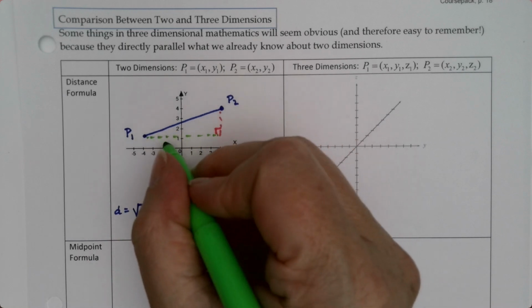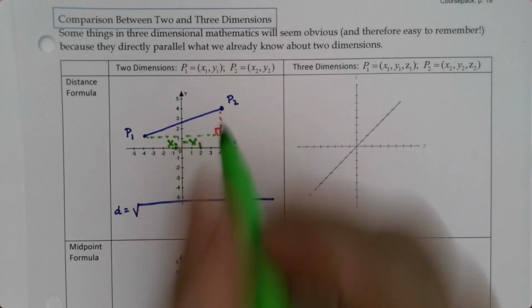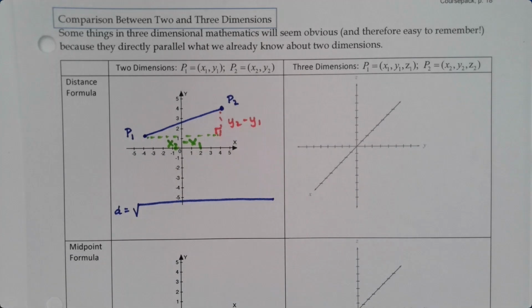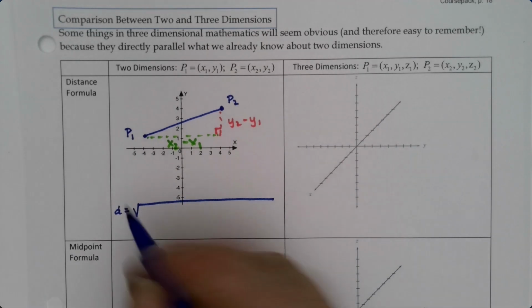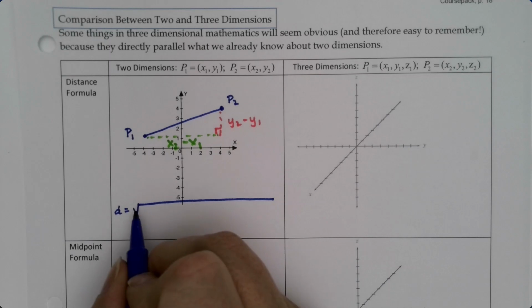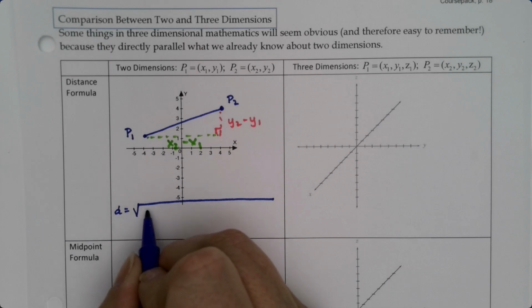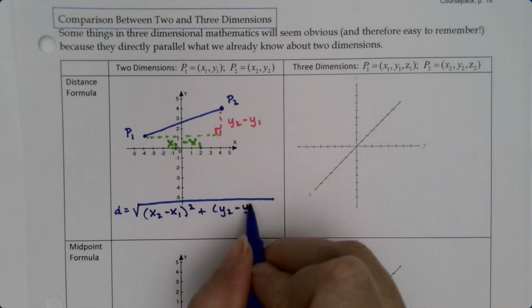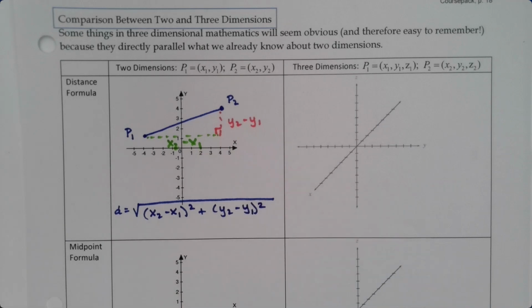It is x2 minus x1. And the vertical is y2 minus y1. And so therefore, when we want to find the distance, it's the square root of x2 minus x1 squared plus y2 minus y1 squared. The Pythagorean theorem, right?